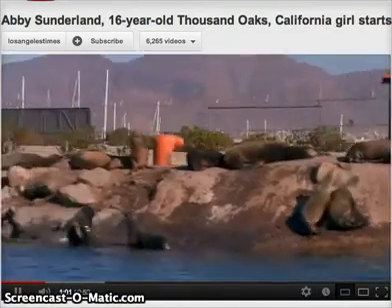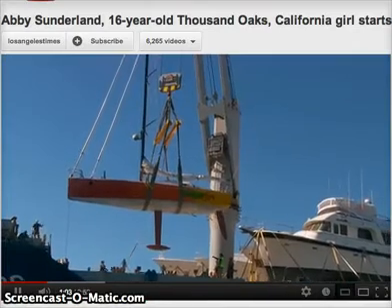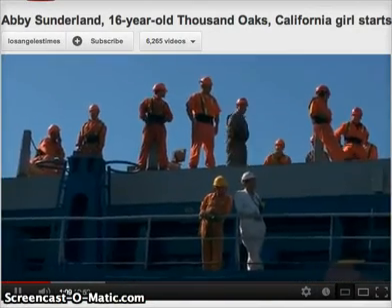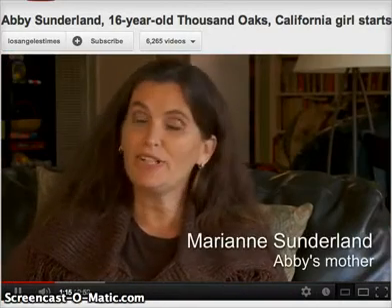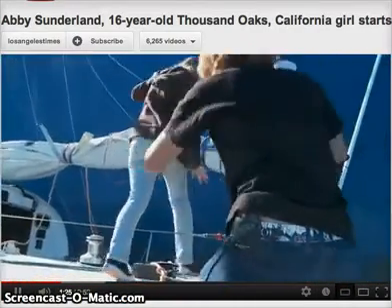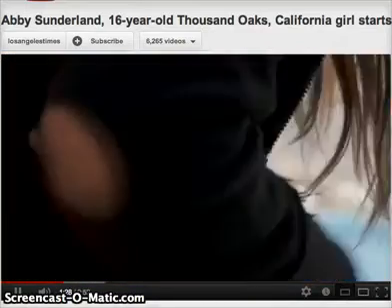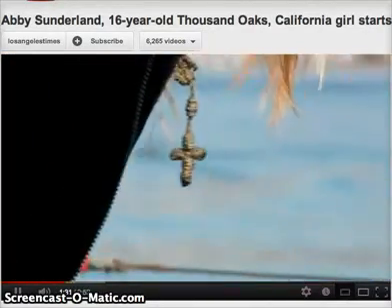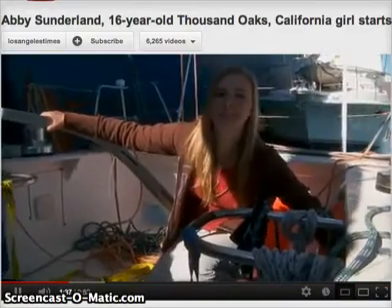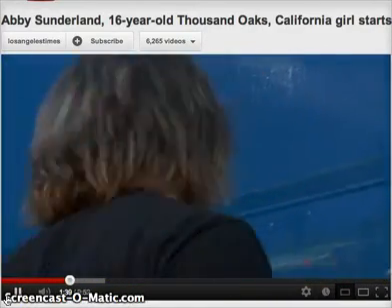Of course, at 13, parents aren't really all that willing to buy you a $90,000 boat and send you around the world. So I just kind of kept bugging them, kept sailing, kept working towards it. They were like, oh, well, that's interesting, you know. You're 13, just keep dreaming. Put up with them trying to scare me out of it and all that. And so here I am now. First boat I moved on to, I was 2 months old, so it kind of just happens. I mean, you live on boats, you know how to sail. In most families, sailing around the world at 16 is something they just never really think of, but it's kind of a fit for our family.